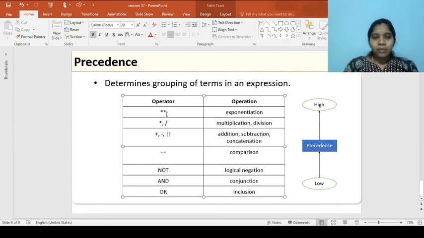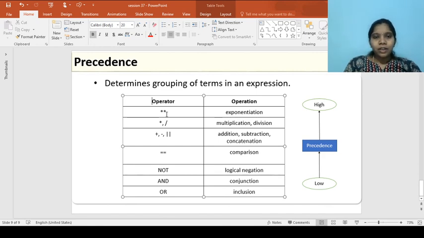In this table, the operators are arranged in such a way that the highest precedence operators are placed at the top of the table and the remaining operators with lowest precedence are placed one by one below.